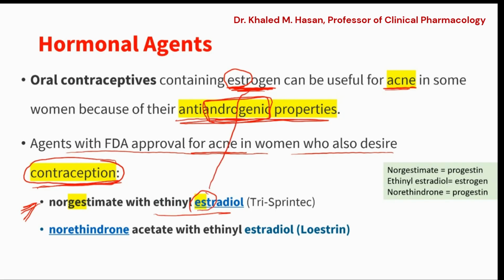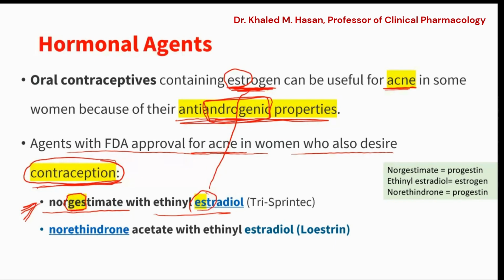This is estrogen. What about norgestimate? It belongs to the progestins, so it is a combination of progesterone and estrogen, but with specific hormones: norgestimate and ethinyl estradiol.